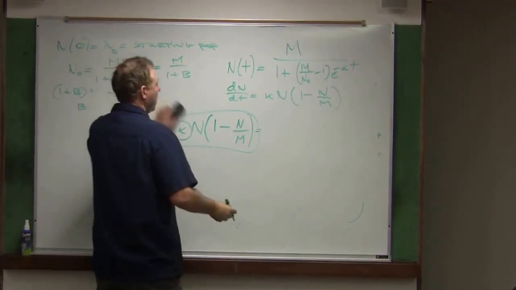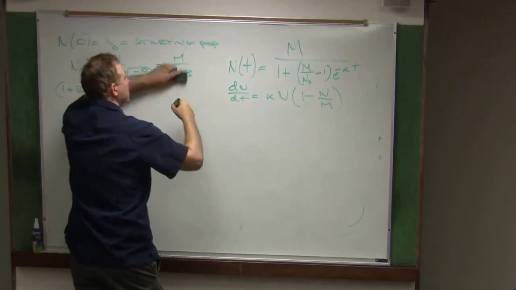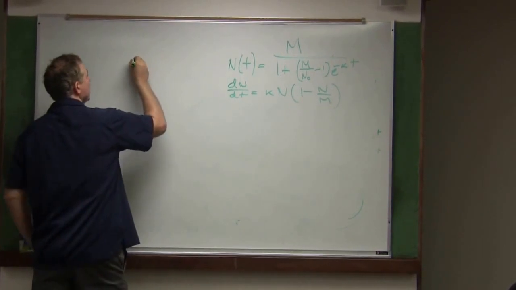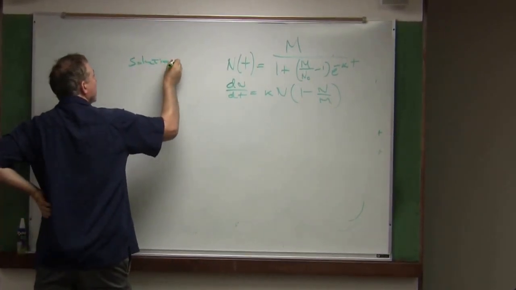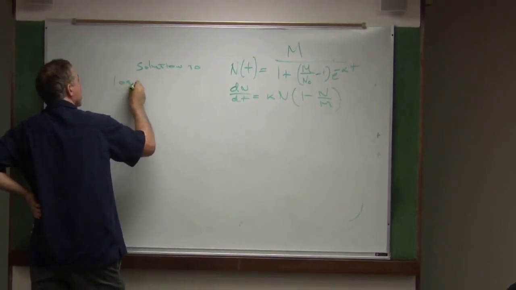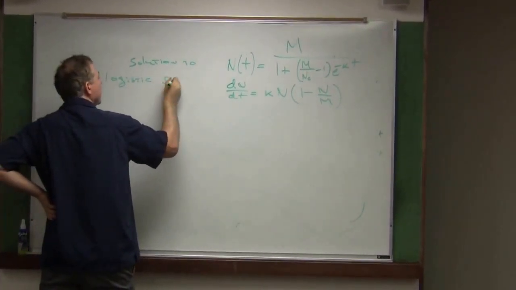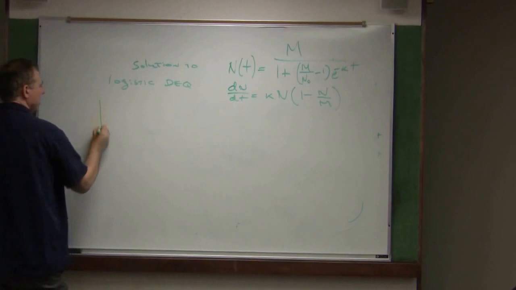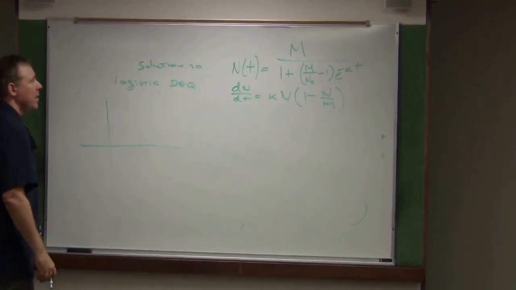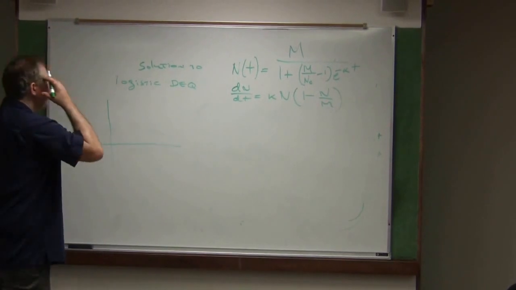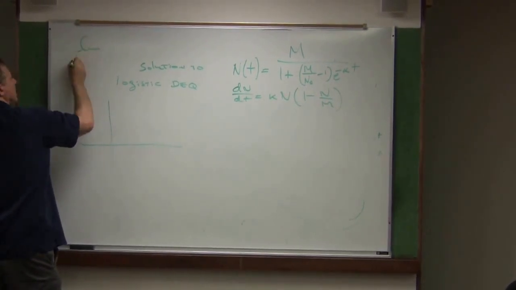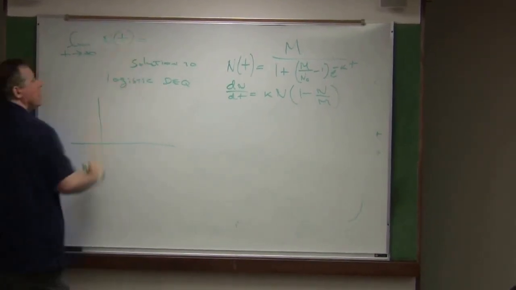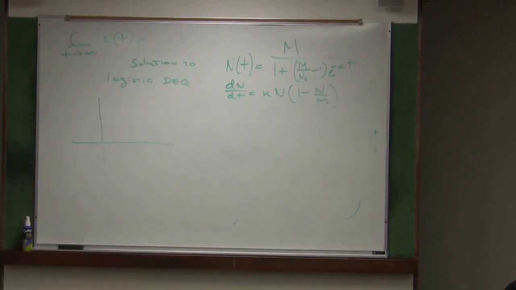This is the differential equation, and this is the solution to the logistic differential equation. This is logistic growth. And what does logistic growth look like? Well, what happens when t goes to infinity? In other words, what's the limit as t goes to infinity of n of t? It converges. To what?